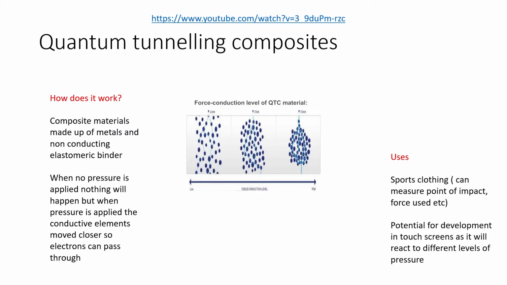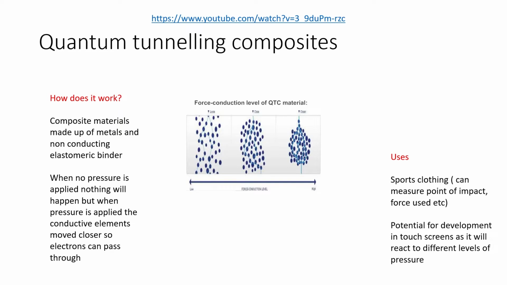When nothing's happening, they're so far apart that nothing is happening. What happens is that when pressure is applied, they get closer, so they can conduct, so electricity can flow through them. So you get an electrical circuit, electrical current.